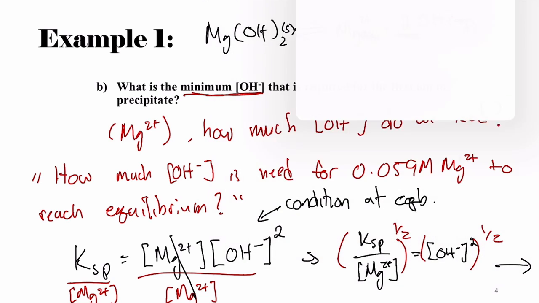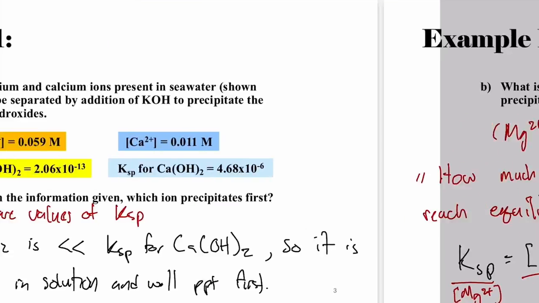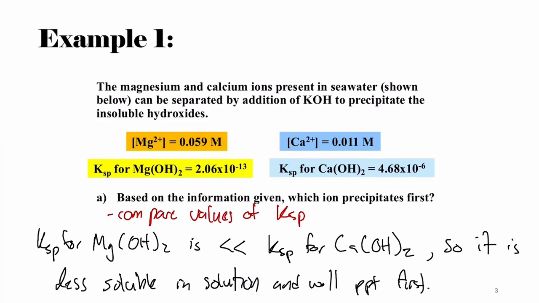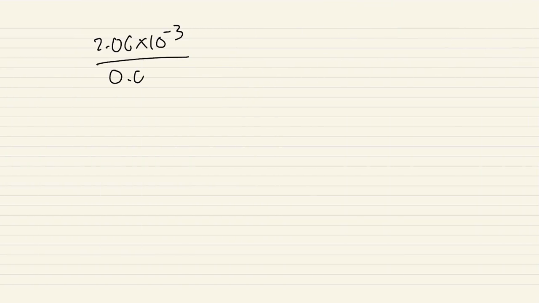All right, and so continuing with the problem, then we get, what was the value? It was 2.06 times 10 to the minus 13 over 0.059, to the 1/2, is equal to my OH minus concentration.